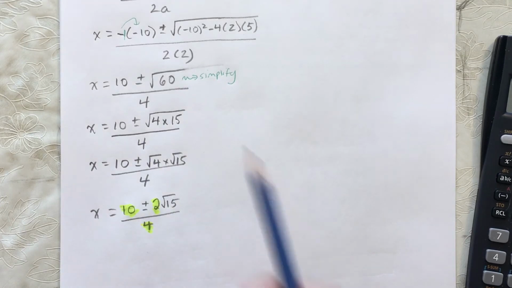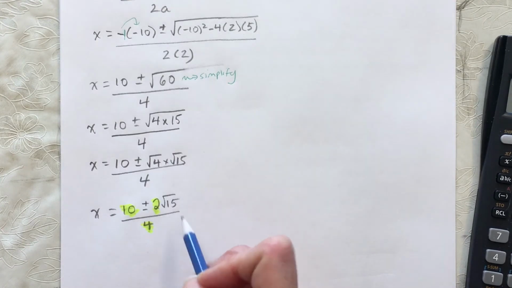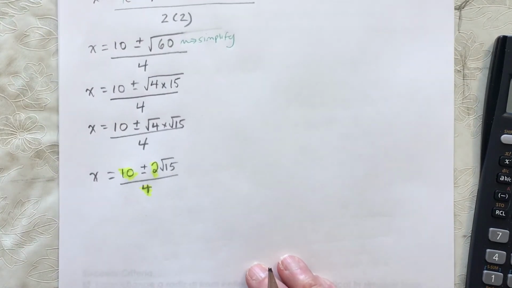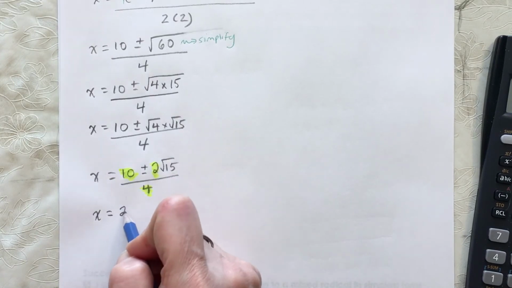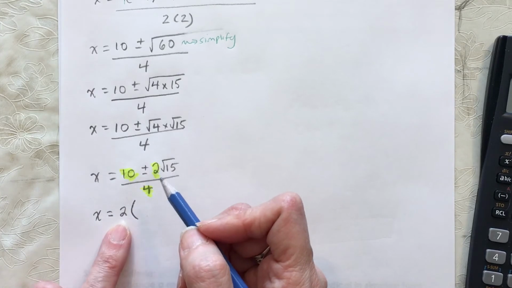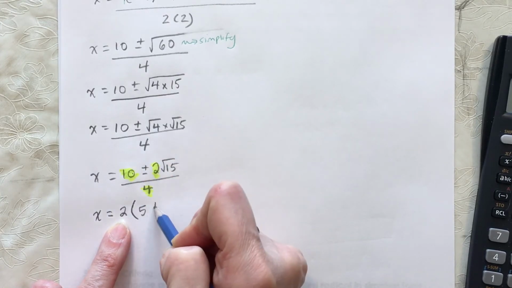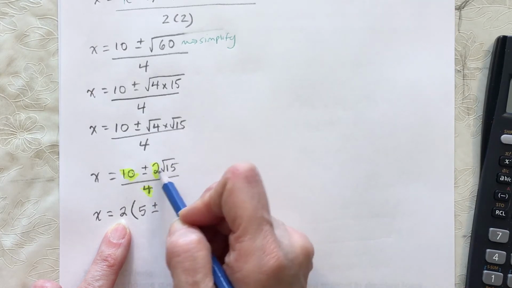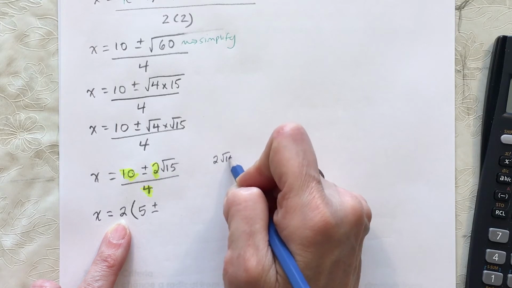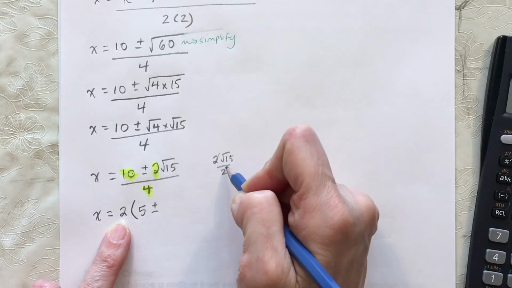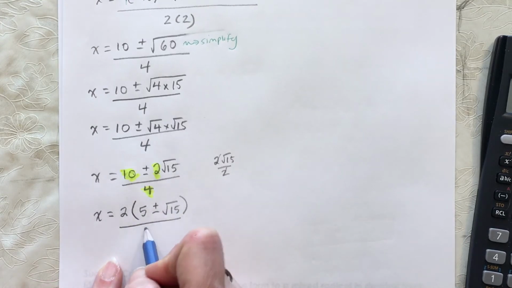Meaning I could divide top and bottom by 2, or it's better to think of it as I want a common factor 2 out of the numerator. Mentally dividing, 10 divided by 2 gives me 5, plus or minus 2 root 15, which I'll write off to the side. 2 root 15 divided by 2 would just give me the root 15 part, all over 4.